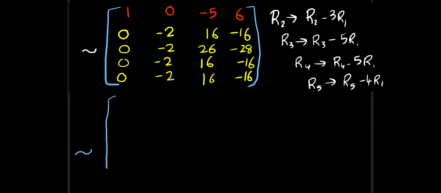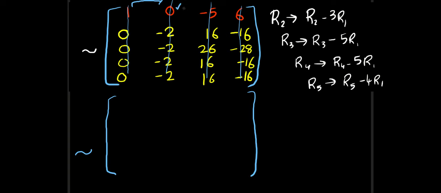So now you tell me what to do next. Exactly, we have to convert all the elements to this side of 1 into zeros. And whenever you do this, you're supposed to do column operation. So never forget, if you want to make the numbers on this side of 1 to the right side of 1 into zeros, you have to do column operation.